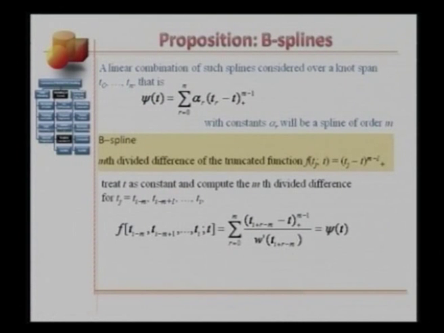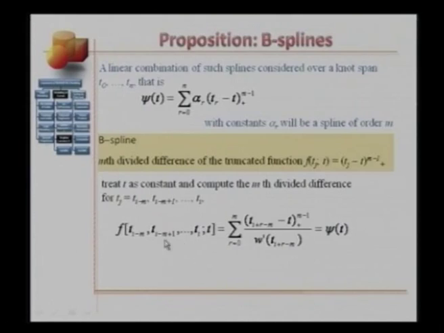And what we are saying as per our proposition is that this expression is equal to psi t, our B-spline basis function. It's kind of hard to imagine at this time, right? I will gradually show you why this is a B-spline basis function.